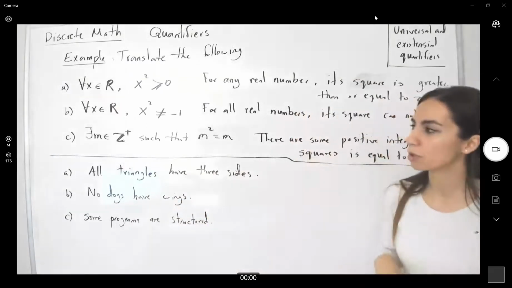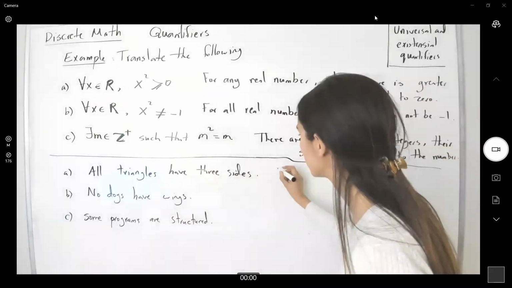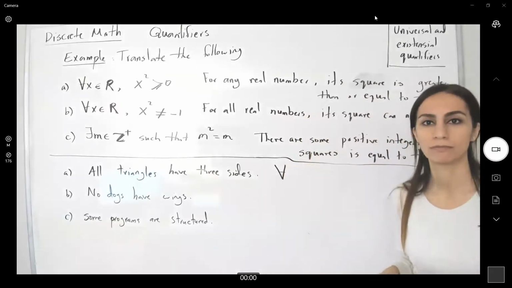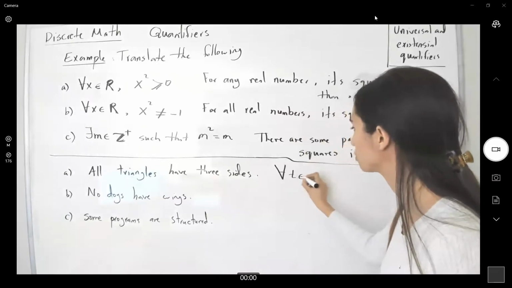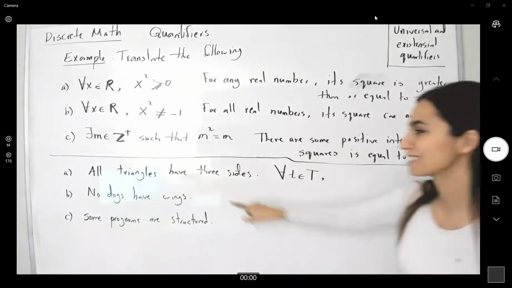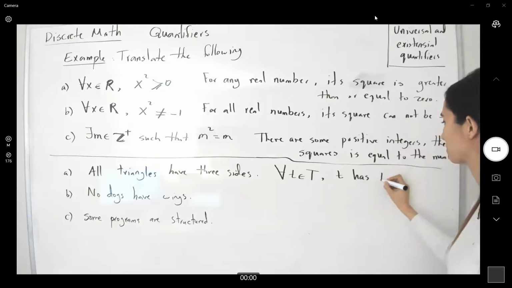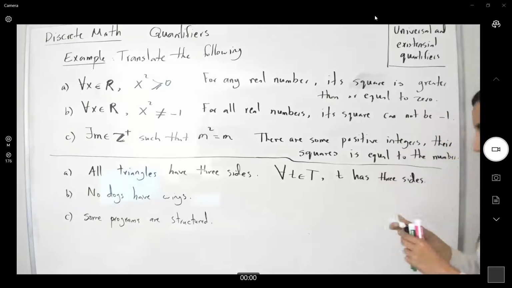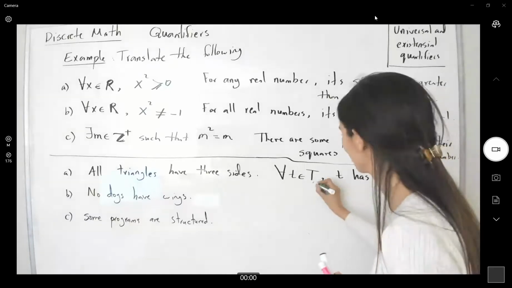You can take the domain to be the set of all triangles, like T. You can say that for all triangles, T belongs to domain T, T has 3 sides. And T is the set of all triangles.